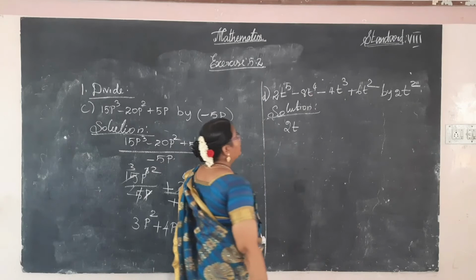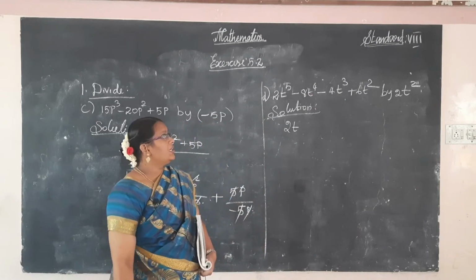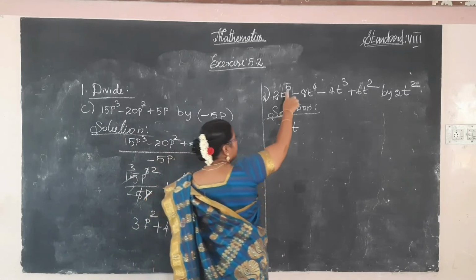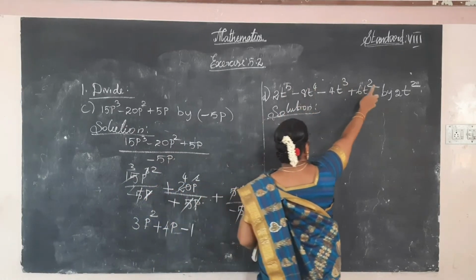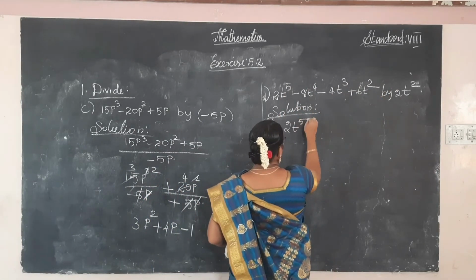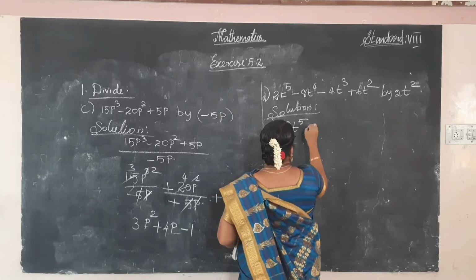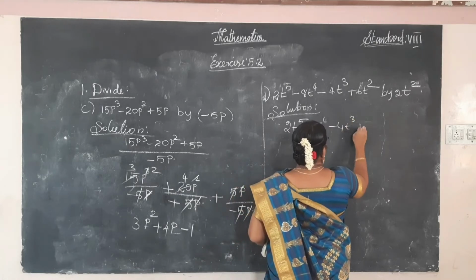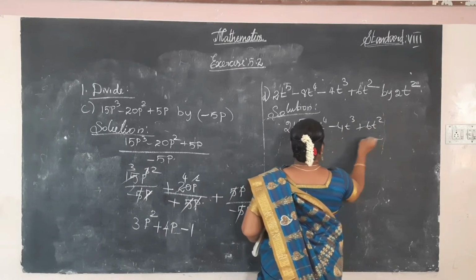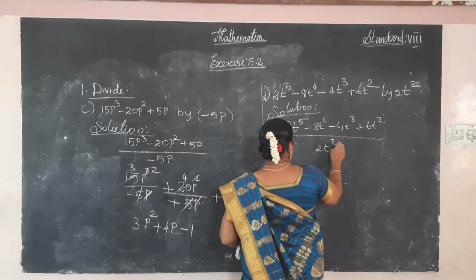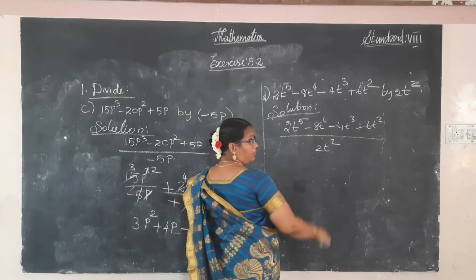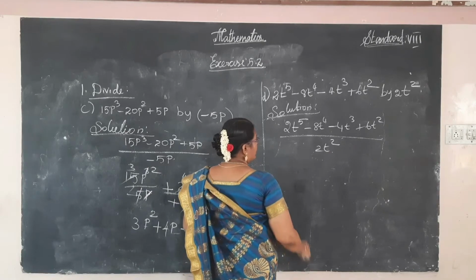Check the given algebraic expression in descending order or ascending order. In the descending order the powers are 5, 4, 3, 2. So write it: 2t power 5 minus 8t power 4 minus 4t power 3 plus 6t power 2 divided by 2t square. Now write it separately, each term divided by 2t square.